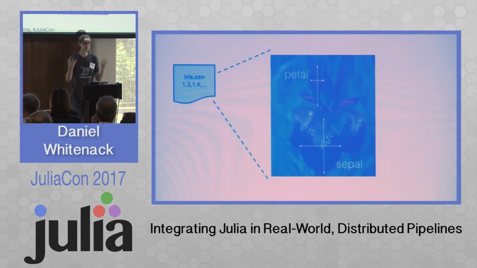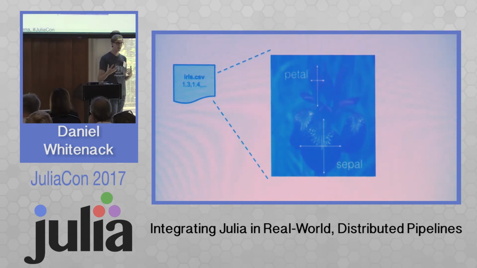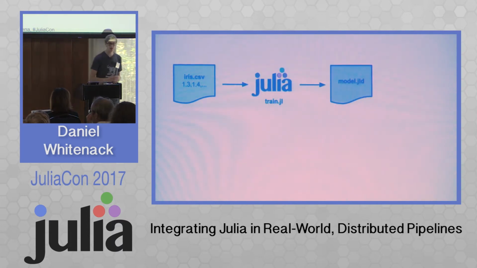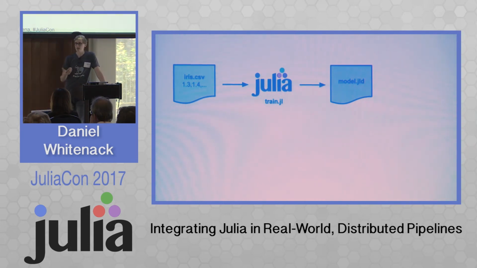So the way that we might implement this workflow, if we were to do it in a more real world scenario, is it wouldn't just be a single stage workflow. What we would want to do is have one program, which is actually the program that I just showed you, this train.jl, that takes in this data set and trains a model and then outputs a persisted version of the model.